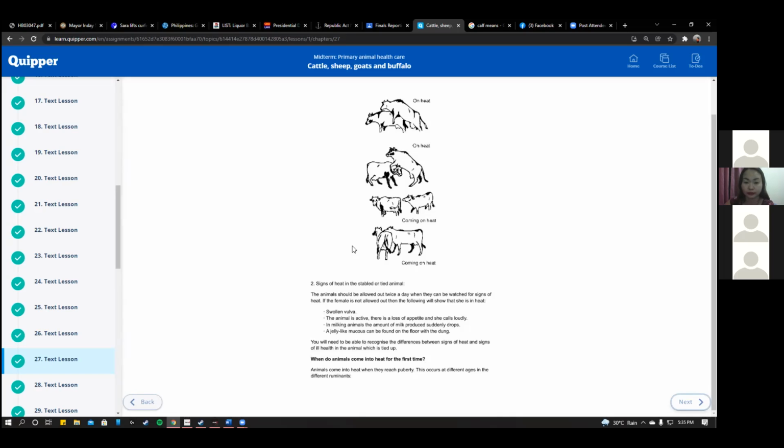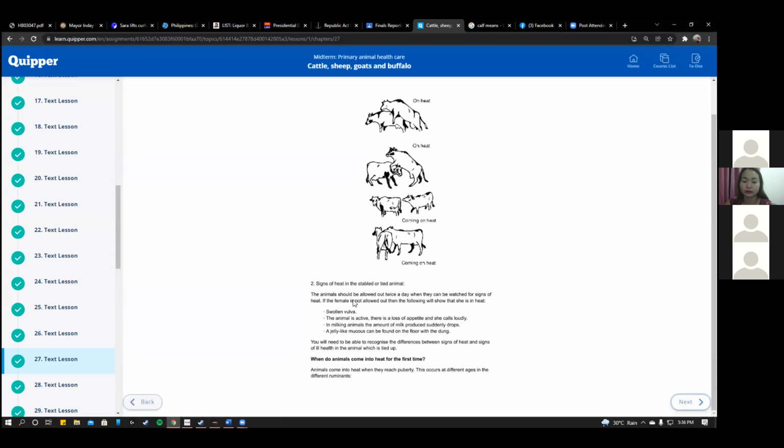Swollen vulva, the animal is active, there is a loss of appetite, and she calls loudly. In milking animals, the amount of milk produced suddenly drops, and jelly-like mucus can be found on the floor with the dung. You will need to recognize the difference between signs of heat and signs of ill health in the animals which are tied up.